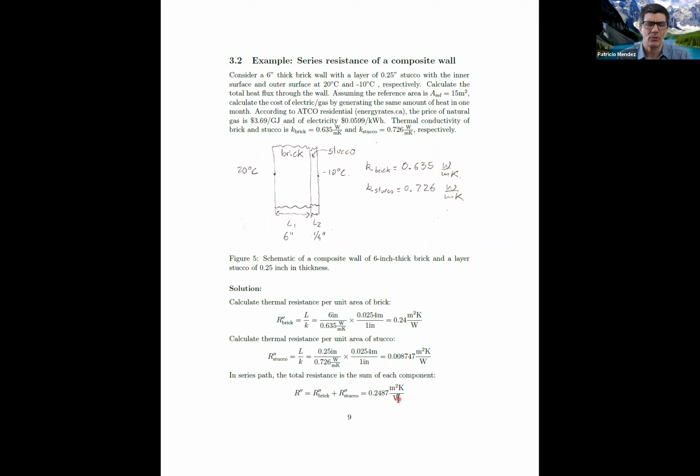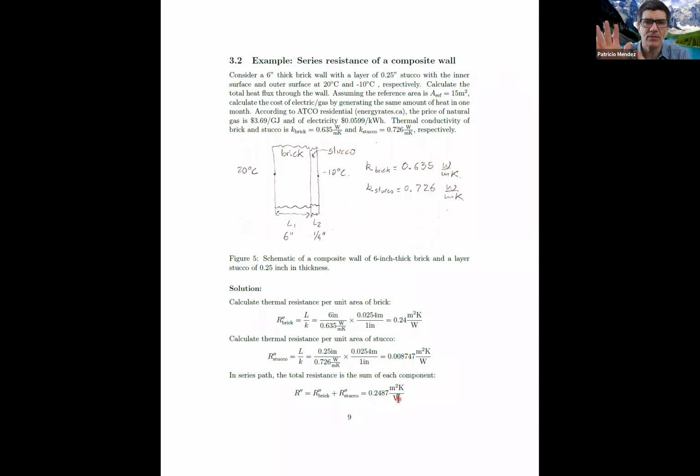Tiny is what the stucco brings to the table. If I forgot to account for the stucco, the calculation would have been more or less the same. What does it mean? It means that the resistance of the brick, in this case, is dominant. That is the one that gives us the ballpark of the calculation.